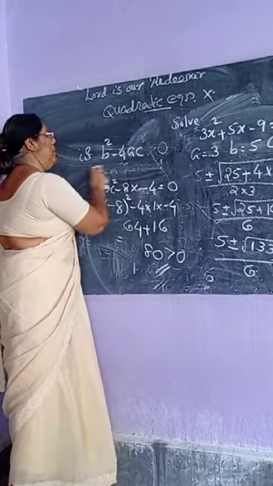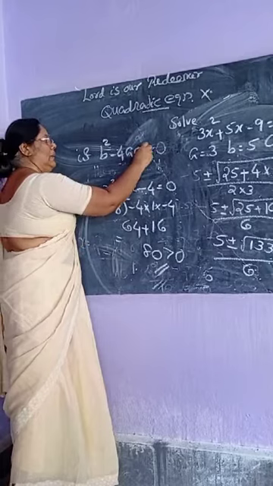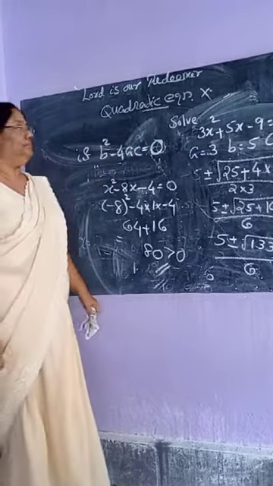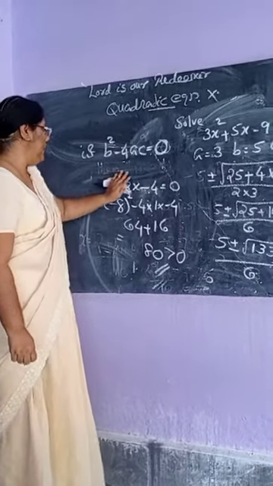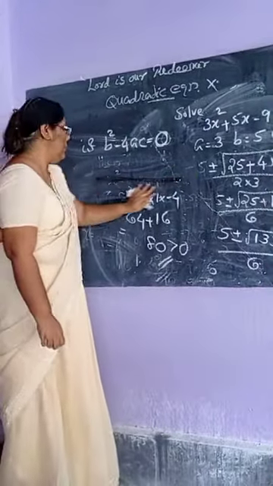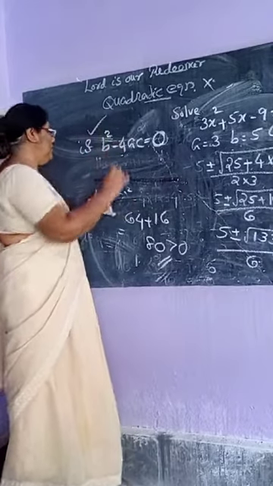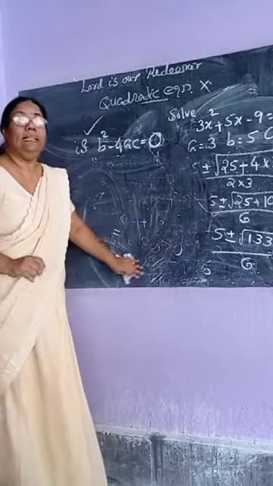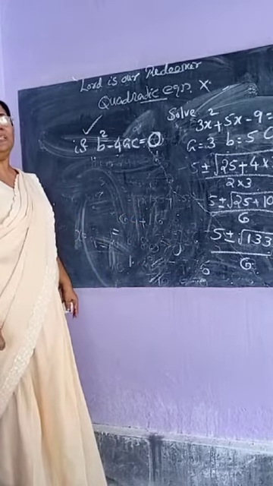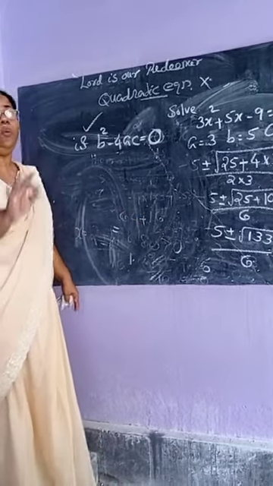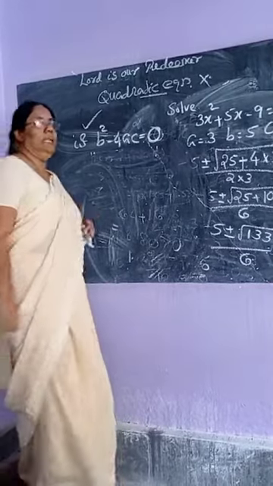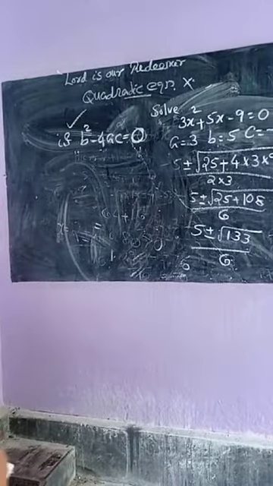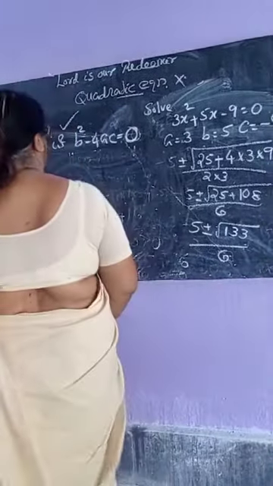Second one is if b square minus 4ac equal to 0. This is very important. If b square minus 4ac equal to 0, then the roots are real and equal.